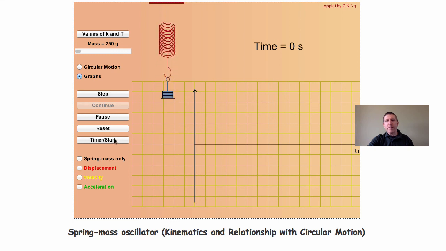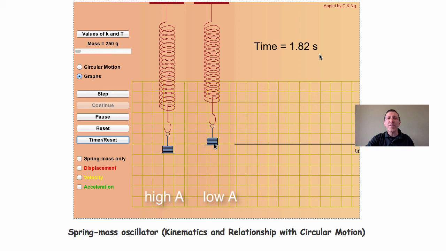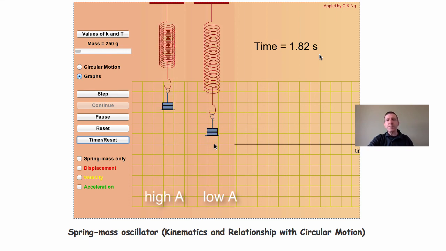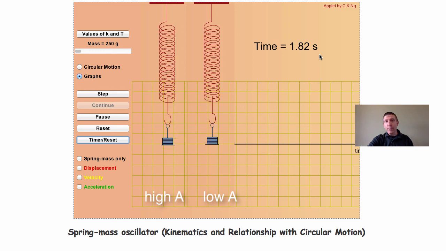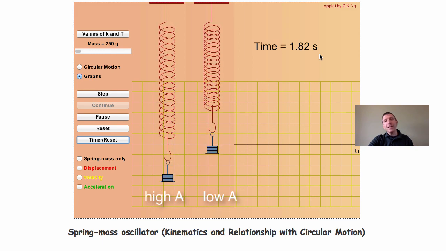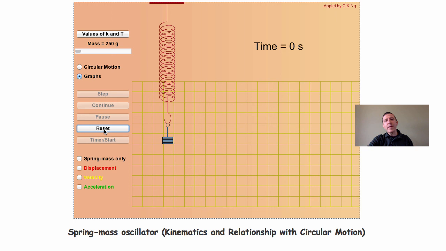And I'm just going to time one of them here, just to start and stop. And 1.82 again is the period. Doesn't matter what the amplitude is. For a spring mass system, the amplitude has no effect. The same is true for a pendulum, but for a pendulum, it's within limits. There is a limit with a pendulum, as we will find out.